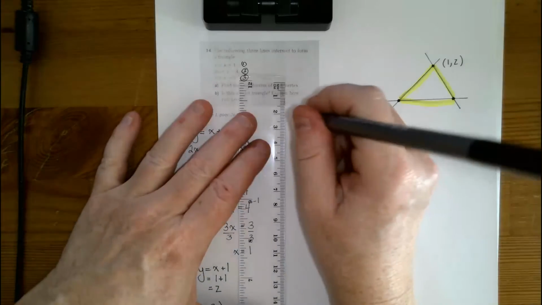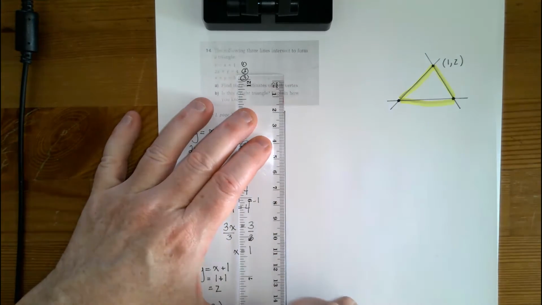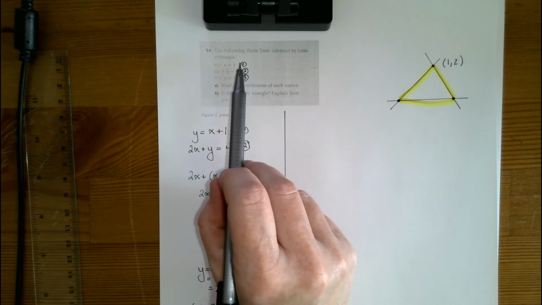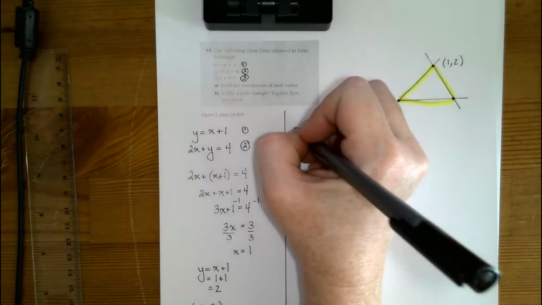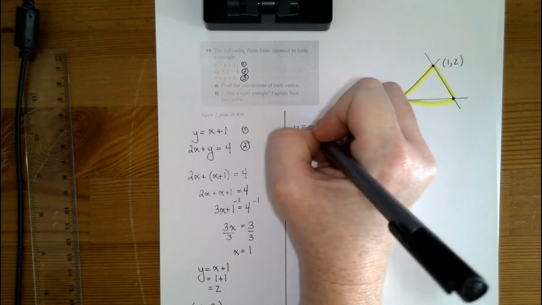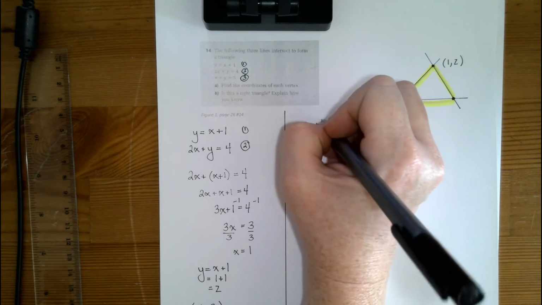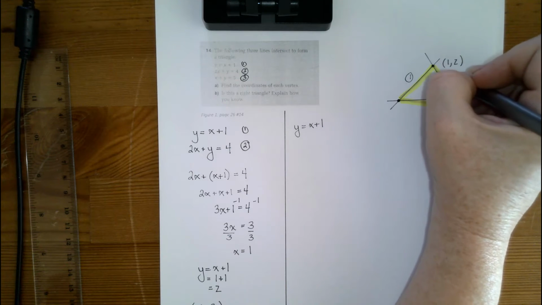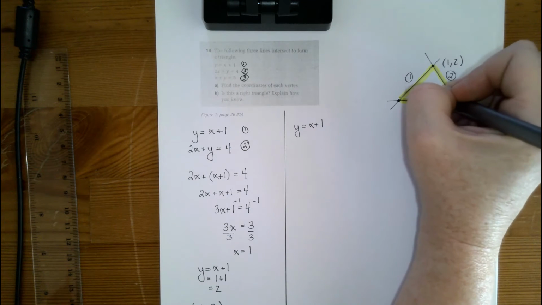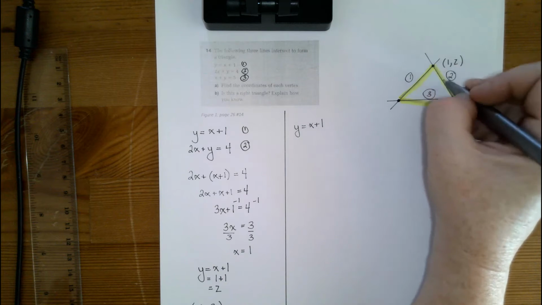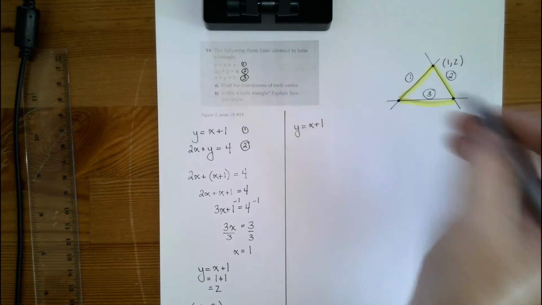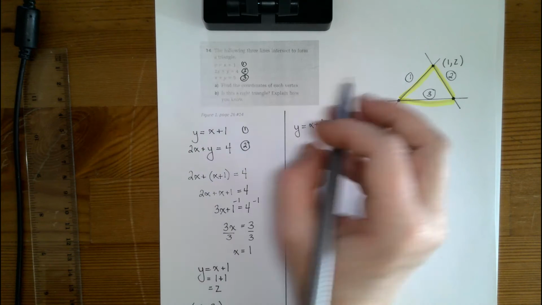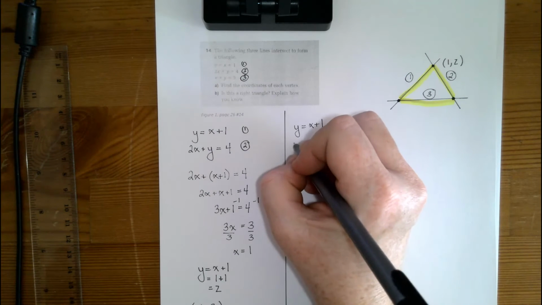I've already done lines 1 and 2, so now I'm going to do 1 and 3. I found where 1 and 2 met, and now I want to find where 1 and 3 meet. So I've got y equals x plus 1 and x plus y equals 5.